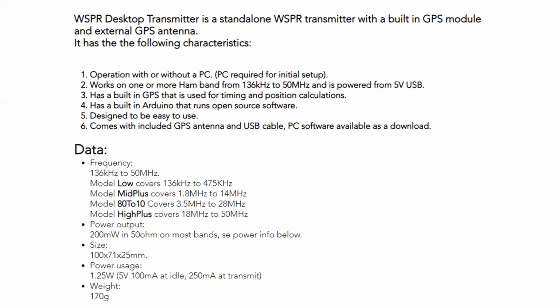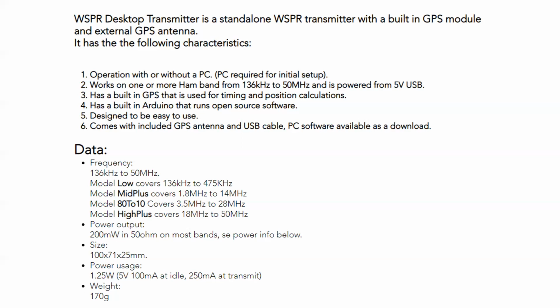So there are 4 different models. I think it'd be cool to have one that covered 6 meters. The output is 200 milliwatts, so it doesn't take a lot of power. I used a USB power pack to power both of them.